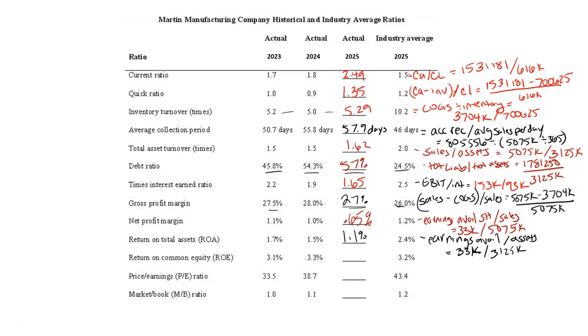Return on common equity. This is earnings available to common shareholders divided by common stock equity. Now we first have to calculate common stock equity. Common stock equity is equal to total shareholder equity minus preferred stock.